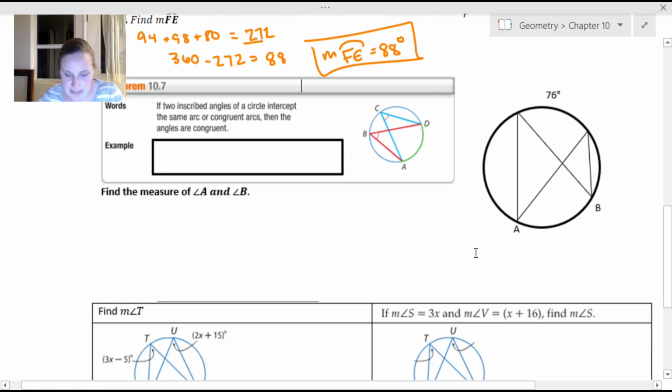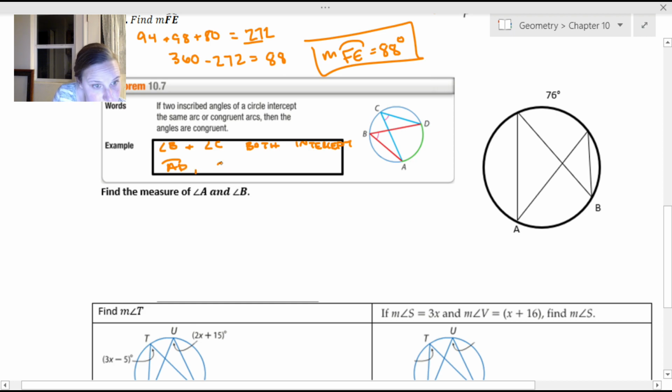All right, one last little thing. If two inscribed angles of a circle intercept the same arc or congruent arcs, then the angles are going to be congruent. So in this example, angle B and angle C both intercept arc AD.